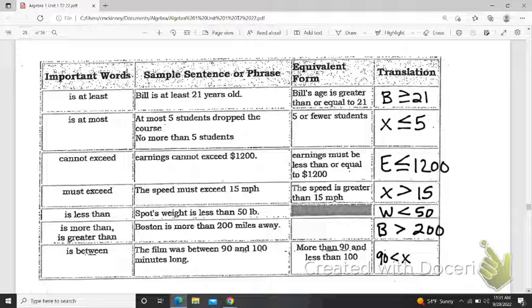So 90 is less than x, means x is greater than 90, and less than 100. So the film is between 90 and 100 minutes long, not inclusive. All right, so we won't be doing much with compound inequalities with our applications, so if that got you a little scared, don't worry.